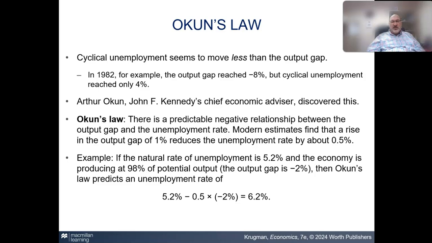Modern estimates see that a rise in the output gap of 1% reduces the unemployment rate by about 0.5%. So half the difference in the output gap. If the natural rate of unemployment is 5.2% and the economy is producing at 98% of potential output, the output gap is -2. Then Okun's law predicts an unemployment rate of 5.2 minus half times -2, which is 6.2.